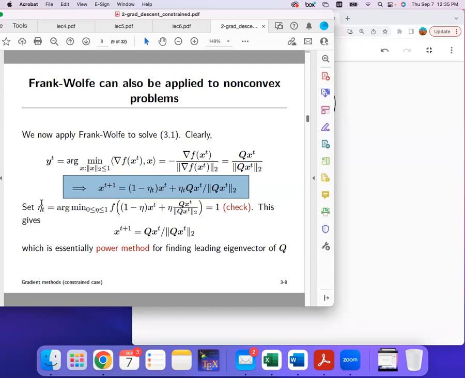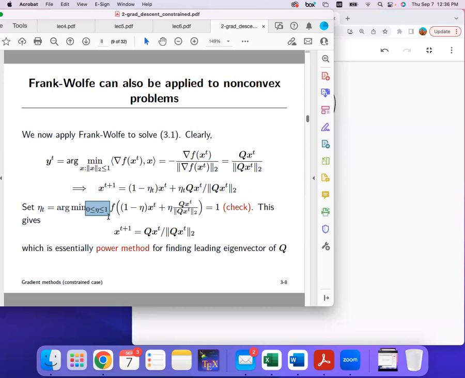Okay. So how do we search for the best eta t? We can search by solving this problem. I plug in the expression of x_{t+1} into the objective function f. Because this x_{t+1} depends on the step size eta, I search over eta, between 0 and 1.